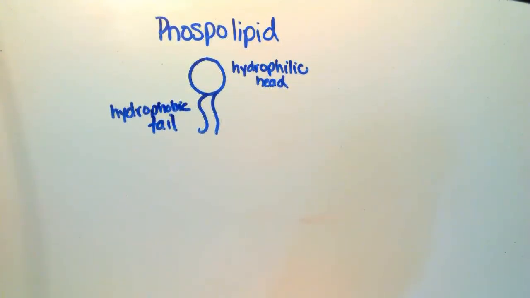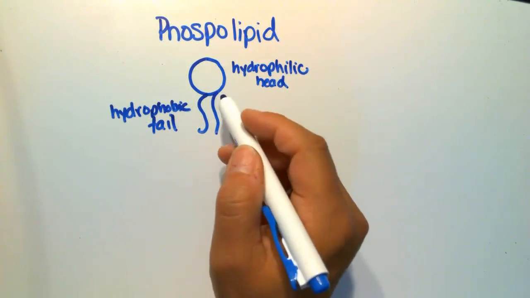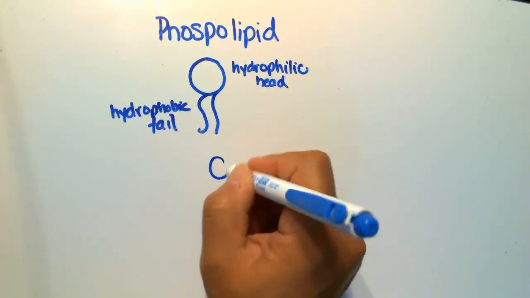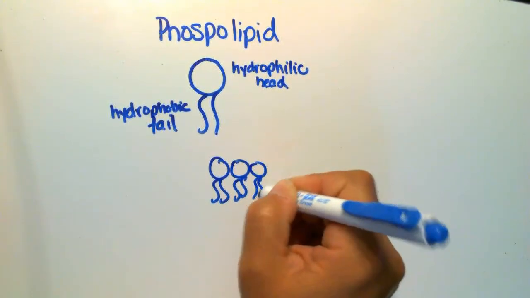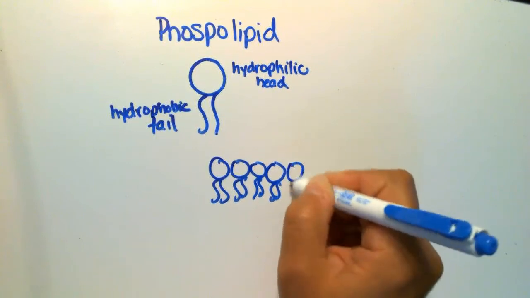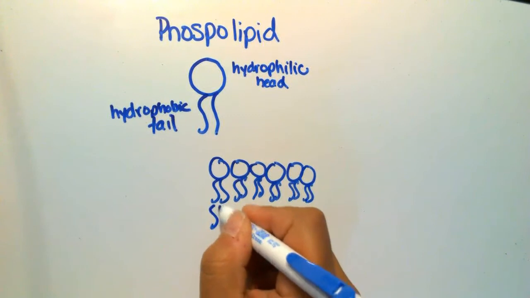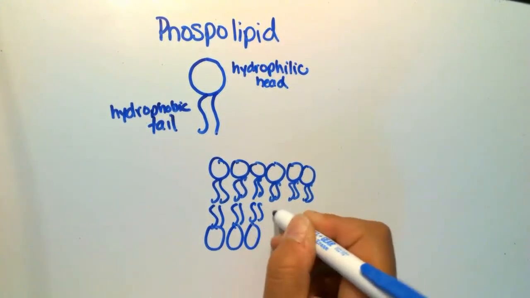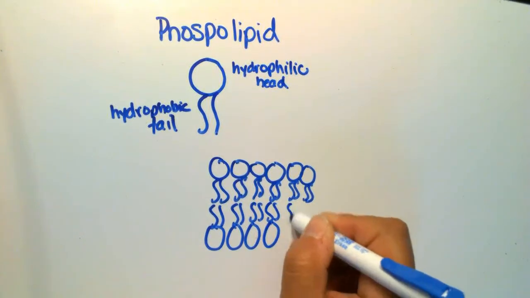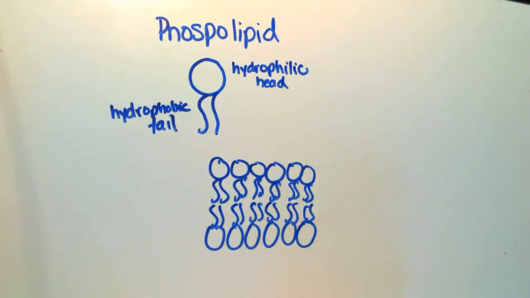So when we talk about the cell membrane or the fluid mosaic model, we're talking about two layers of these phospholipids. Here's one layer of phospholipids, right? Here are the heads and the tails. But there's two layers, so there's a whole other layer here. And again, the tails will be towards the inside and the heads will be on the outside.